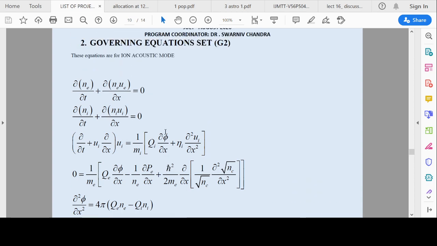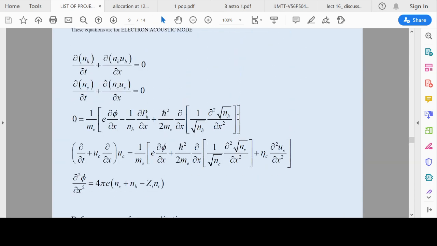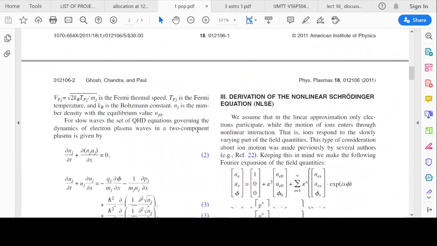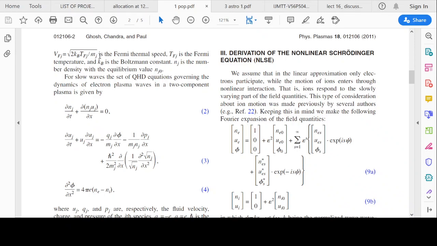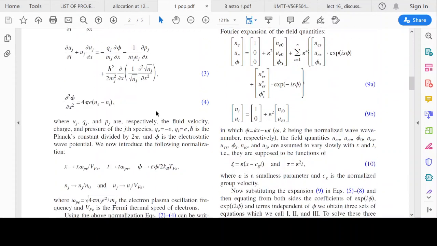And how to carry out the normalizations. Now I give you a suggestion. Here you have a quantum term. So the best thing is that you normalize velocity with the Fermi velocity of electrons, and accordingly, as we have done here, the Fermi velocity with this term, and we have carried out the normalization.